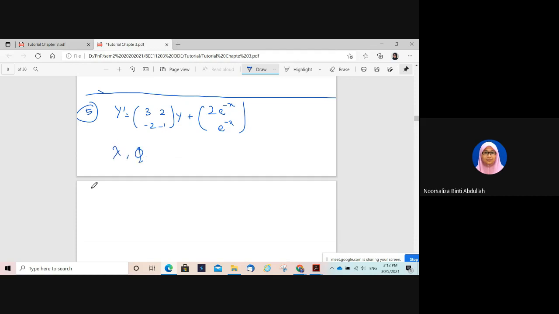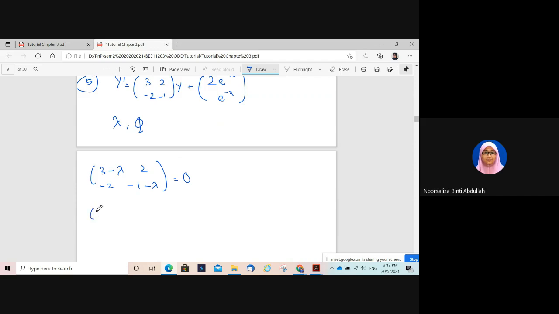So the determinant of [3 minus lambda, 2; -2, -1 minus lambda] equals 0. So (3 minus lambda)(-1 minus lambda) minus 2 times (-2) equals 0.